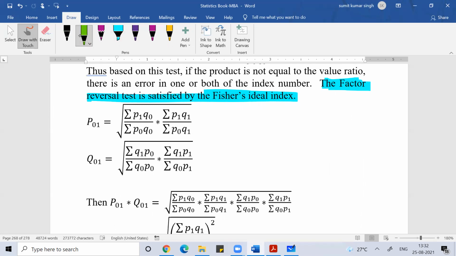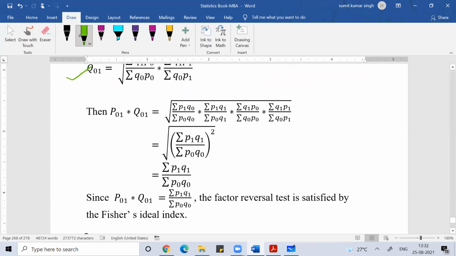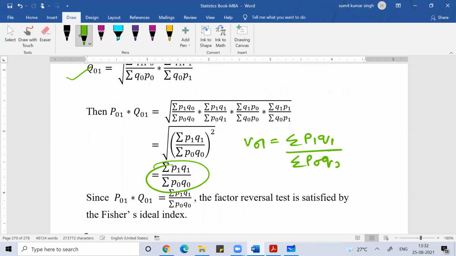This is P01, the price index in the Fisher method, and this is Q01. If you multiply them, you will get the value index. V01 is the sum of P1 Q1 divided by the sum of P naught Q naught.